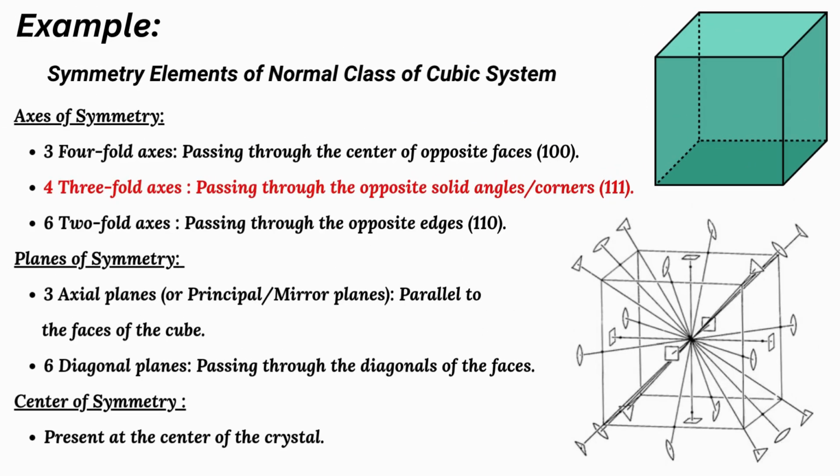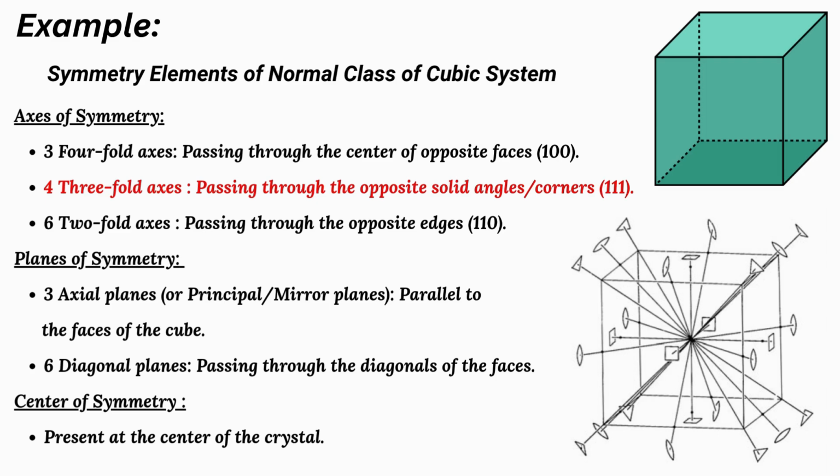In this example, you can see the 3D lattice of a cube, and on the right side you can see the different rotational axes present in the cube. There are 4-fold, 2-fold and 3-fold symmetries you can observe in this cube.